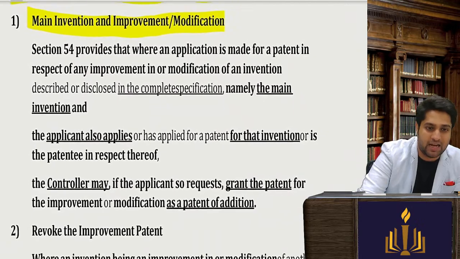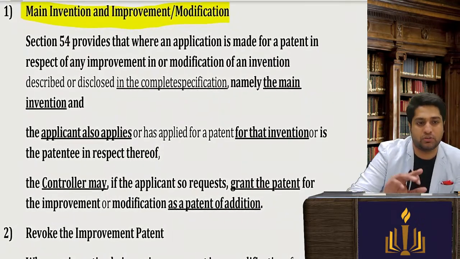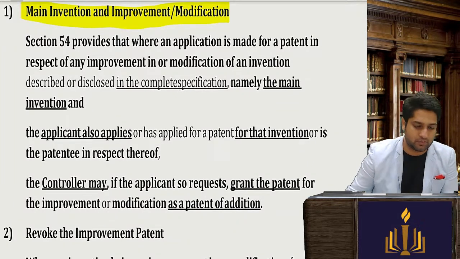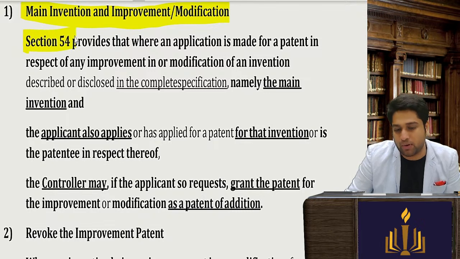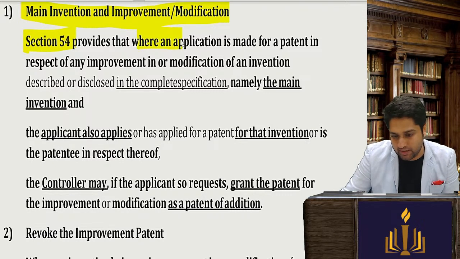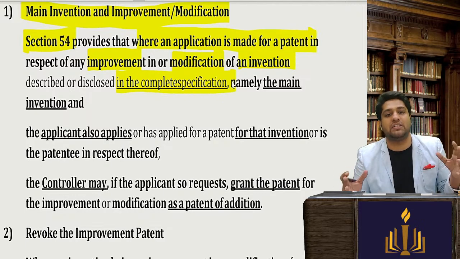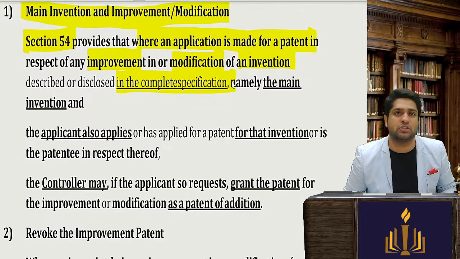Now, the first provision you read, I will ask you a question from here. Okay, let's read together, then I will ask you a question. Section 54 provides that where an application is made for a patent in respect of any improvement or modification of an invention in which the complete disclosures have been given.